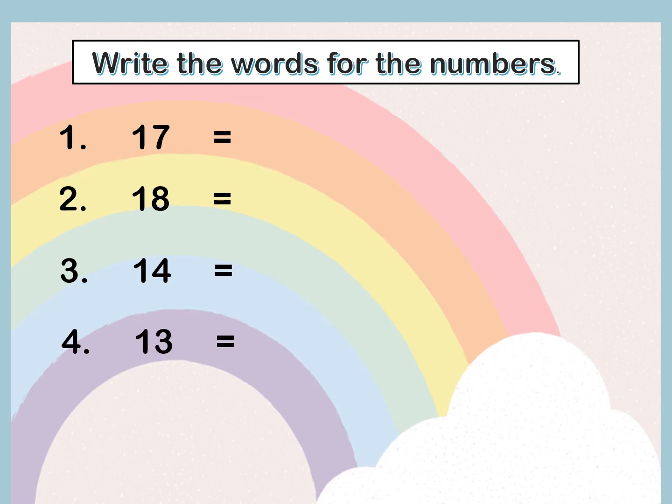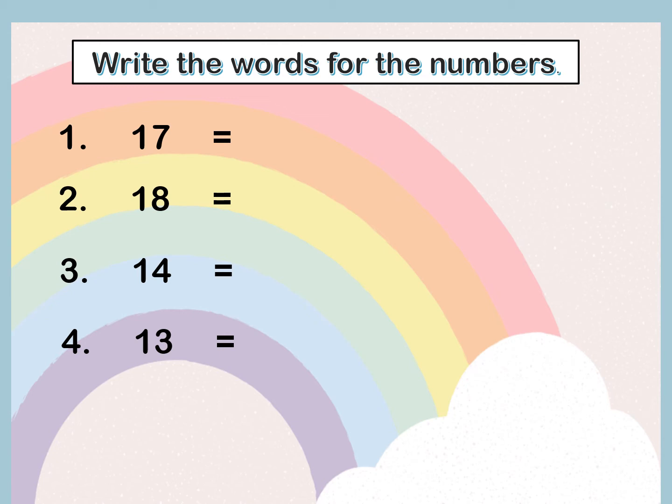Number 4 is, what number is it, kids? Yes, you're right. It's number 13. So, how do you spell 13? This is different from writing number 3 and 13. You still remember? We've learned how to spell this number last week. So you have to ask your mom and dad if you don't know how to spell the word.